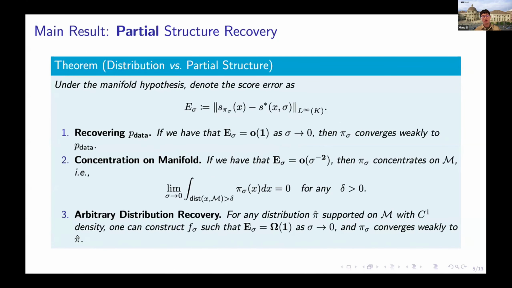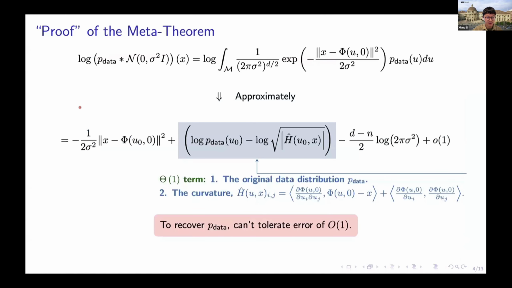This motivates us to ask whether we can design an algorithm to generate a meaningful distribution on the manifold given a not very accurate score. In existing diffusion models, if you have less accurate scores, you cannot control the distribution generated. But from our intuition, there's a strong signal on the geometry.